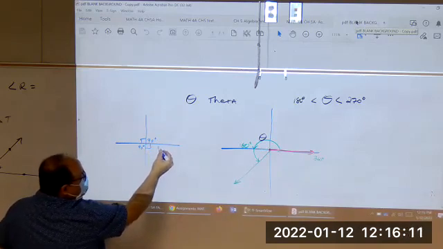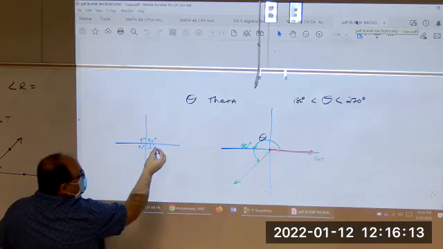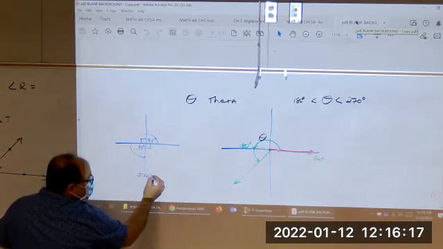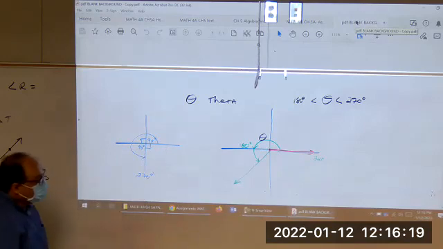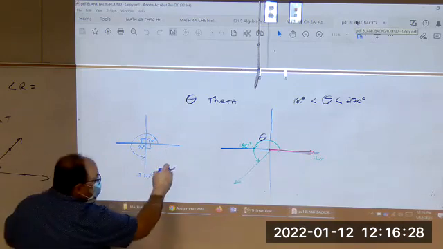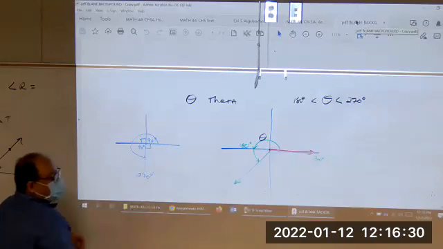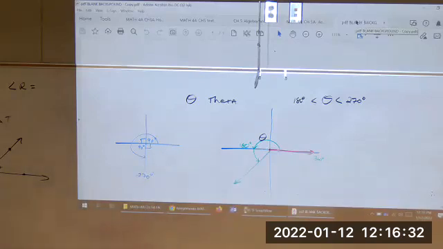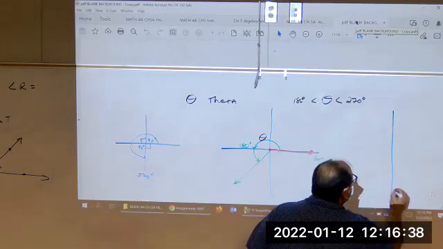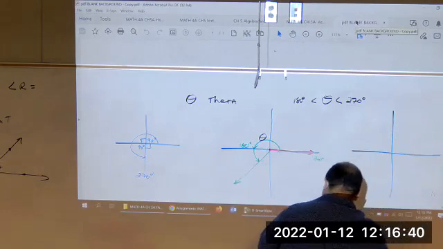All the way around, 4 times is 360. So all the way 3 times around would be 270 degrees. If you're in quadrant 3, you have an angle between 180 and 270. If you're in quadrant 4, it's between 270 and 360. But you can have an angle like this.